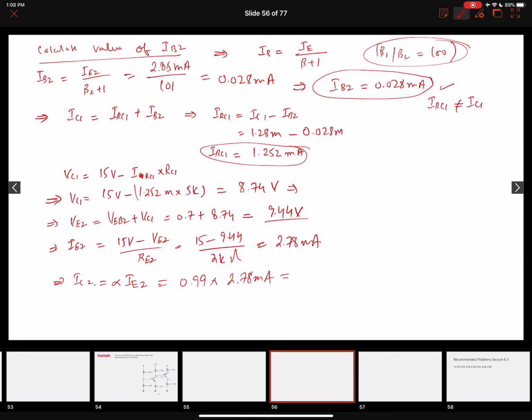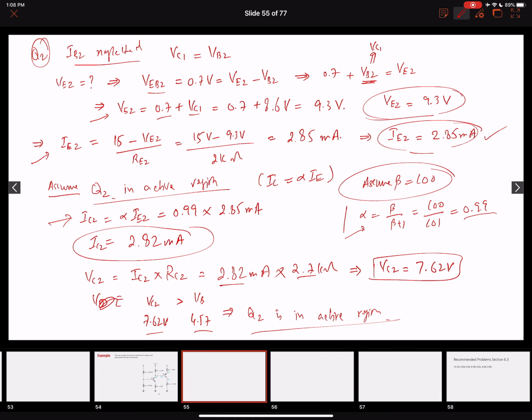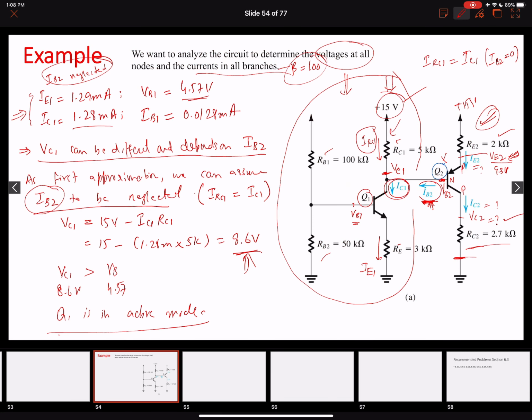This will come out to be 2.75 milliamperes. This is the new value of the collector current. After the collector current, we find the collector voltage by multiplying IC2 with RC2.